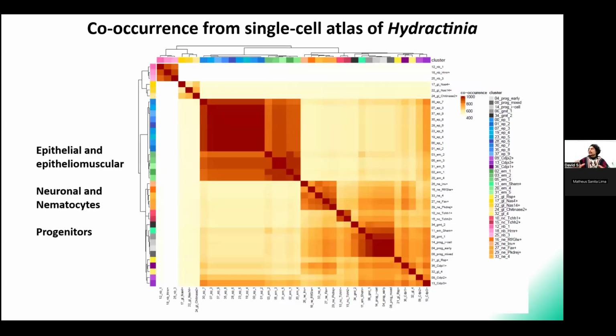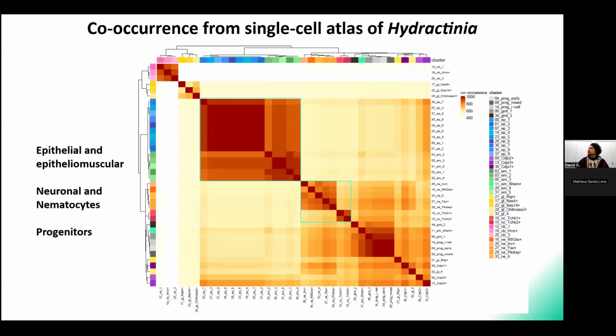And we generated a co-occurrence matrix that is basically telling us what we more or less knew already, that the epithelial and epitheliomuscular are two broad categories that are very related to each other.